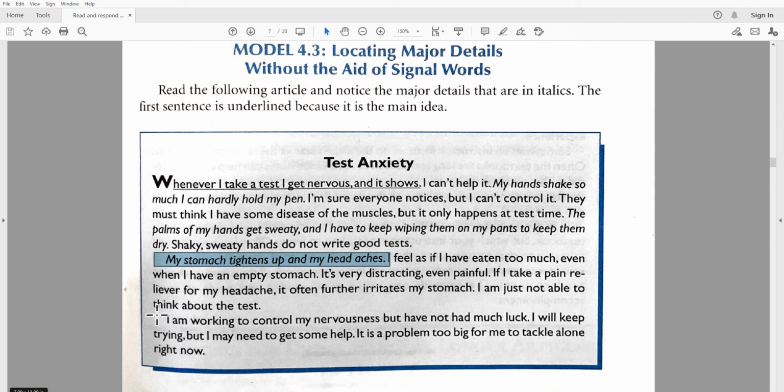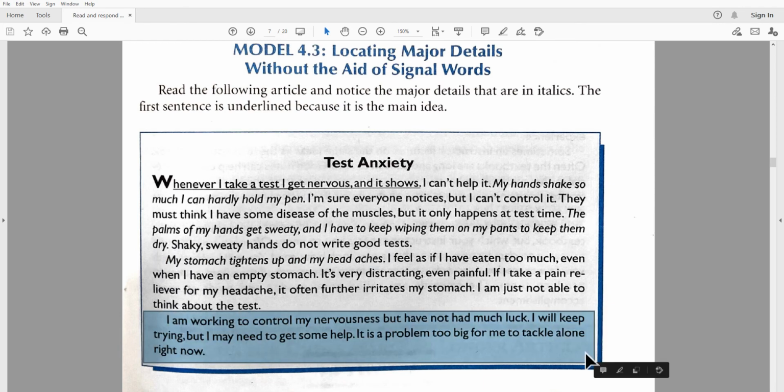And then when we get down to the last paragraph, we can see that it restates the main idea. So we definitely know that the author is trying to control their nervousness with tests, but they might need some help to do that. So they get very nervous when they take a test, and it is expressed through shaky hands, sweaty hands, and it is explained with the stomach tightening up and headaches.